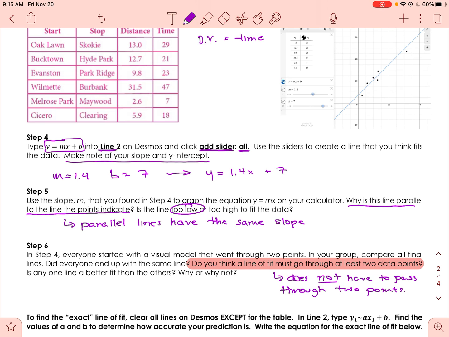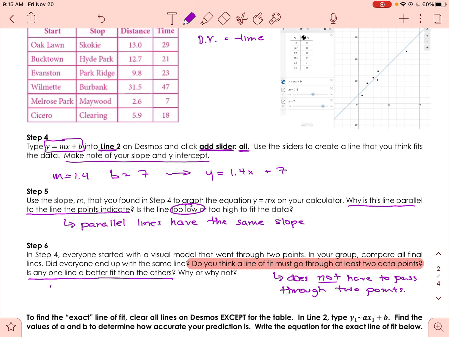And then it says, is any one line a better fit than the others? What that means is that one line is better than another if it has an equal number of dots above and below.